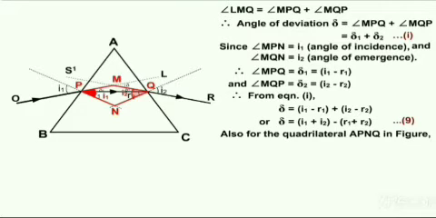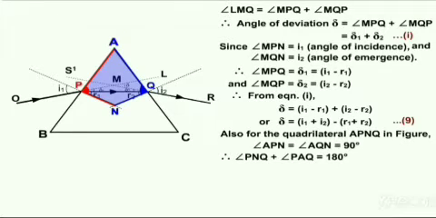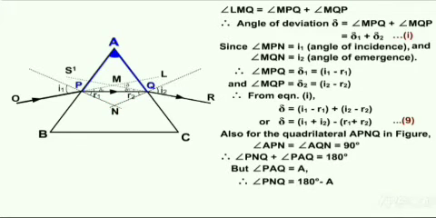Also for the quadrilateral APNQ in figure, angle APN is equal to angle AQN is equal to 90 degrees. Therefore, angle PNQ plus angle PAQ is equal to 180 degrees. But angle PAQ is equal to A. Therefore, angle PNQ is equal to 180 degrees minus A. Let this be equation second.